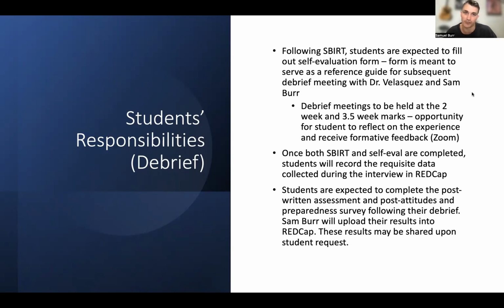It's an opportunity to get a little more formative feedback, so that as they move forward and potentially attempt this or something similar in subsequent rotations, they have that last piece of information to hopefully shore up their confidence even more.